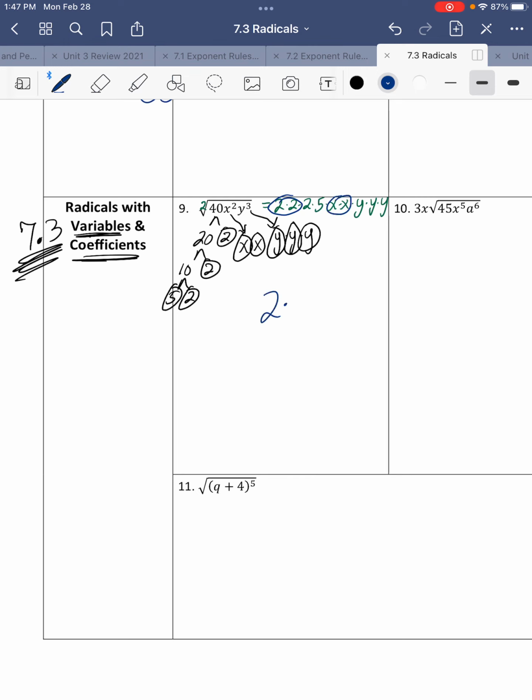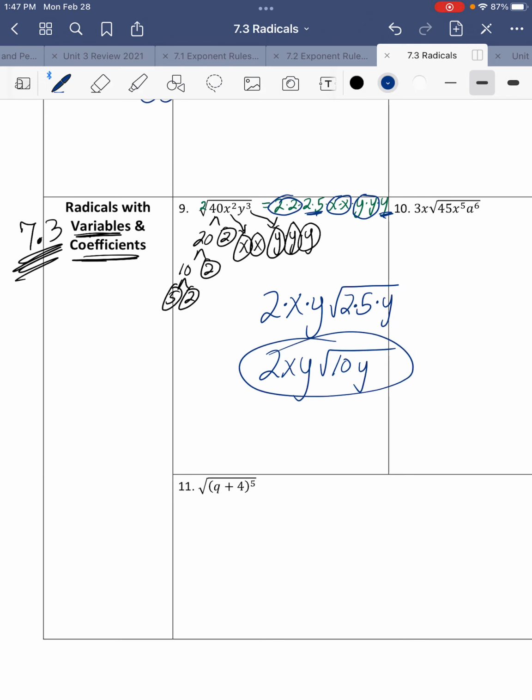A pair of x's, that'll come out as an x. And a pair of y's, that'll come out as a y. What's left over underneath is a 2 times 5 and then a y. On the outside we have 2 times xy, we just write 2xy. On the inside, 2 times 5 is 10y.